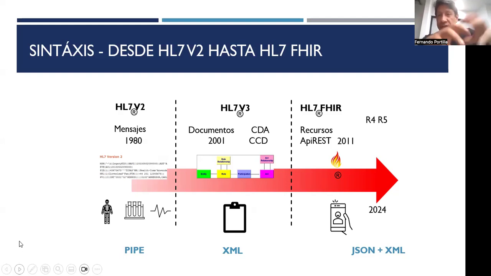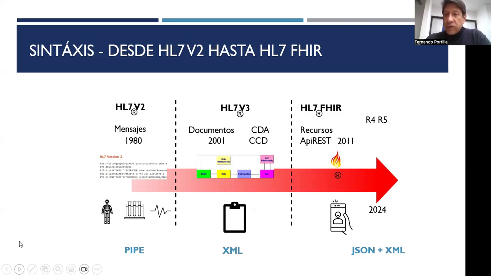And FHIR uses this new REST API model, and it defines an information model where what used to be messages are now translated into resources, based on something very powerful, which is REST technologies.